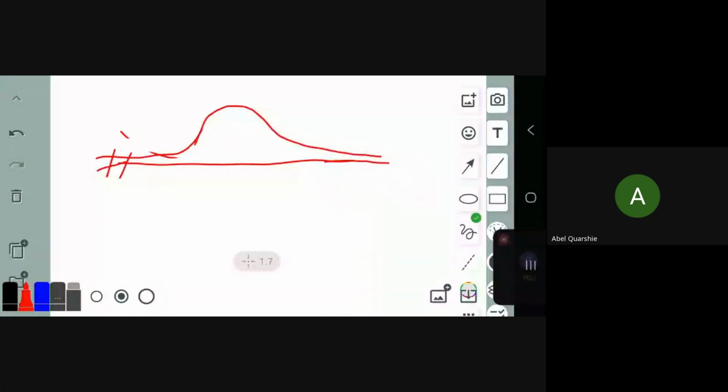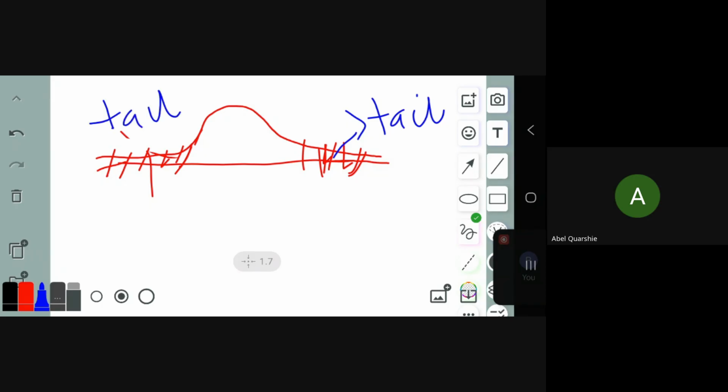Now, where I'm shading, these are what we call the tails. So let me use the blue to indicate here. These are the tails. So here is what we call the right tail, I'm using RT. Then here is what we call the left tail.